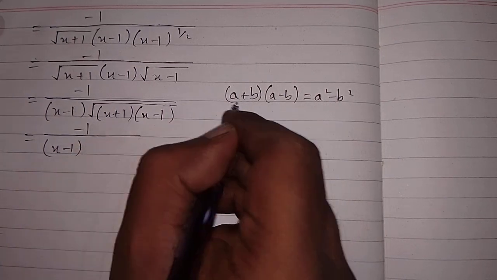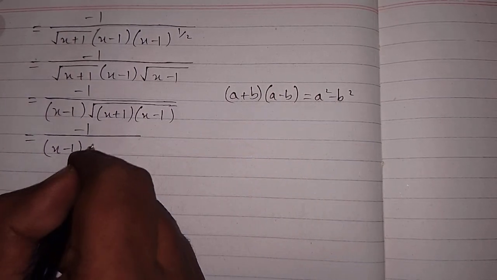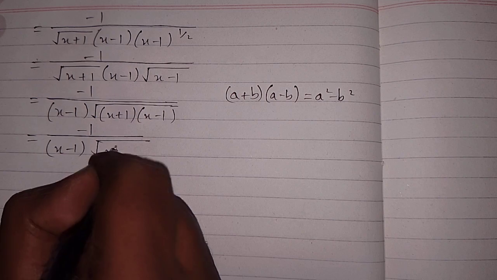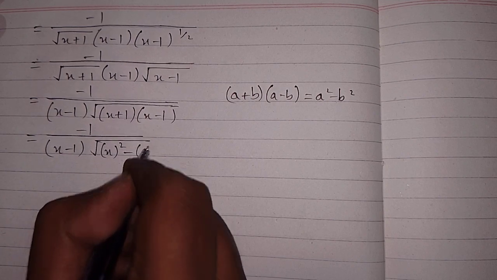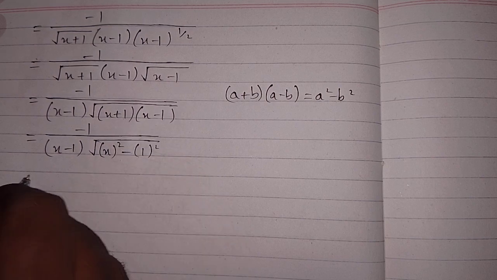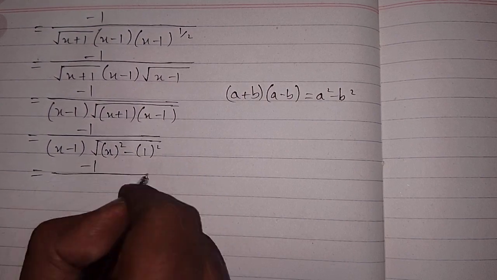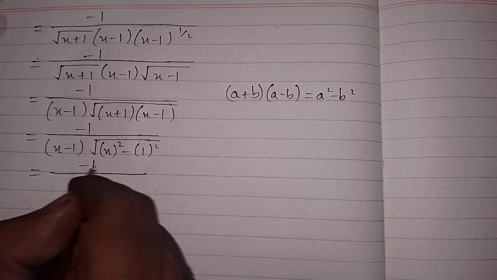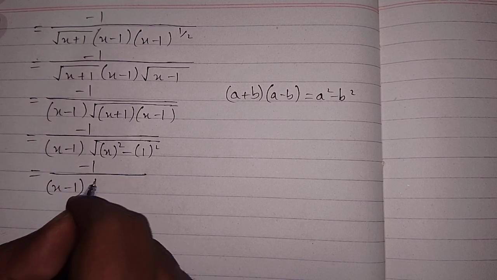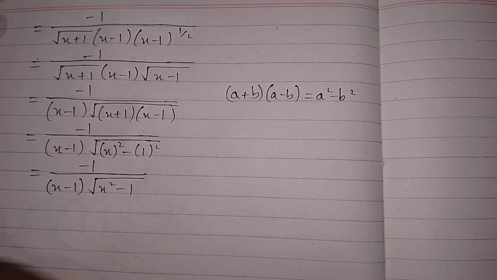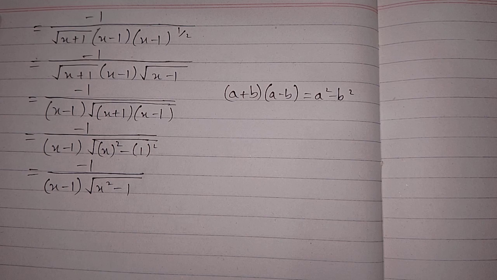So here we have x in place of a and 1 in place of b. So we have square root of square of x minus square of 1, which is equal to minus 1 upon (x minus 1) square root of x square minus 1. And this is the required answer.